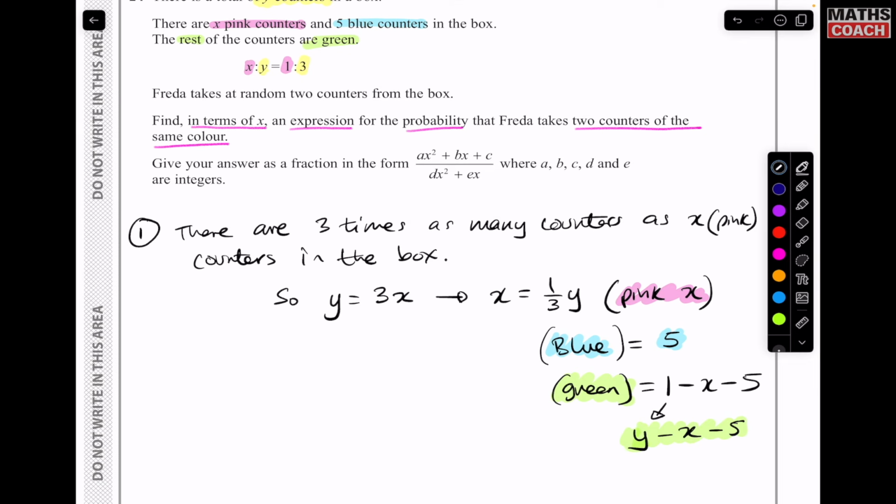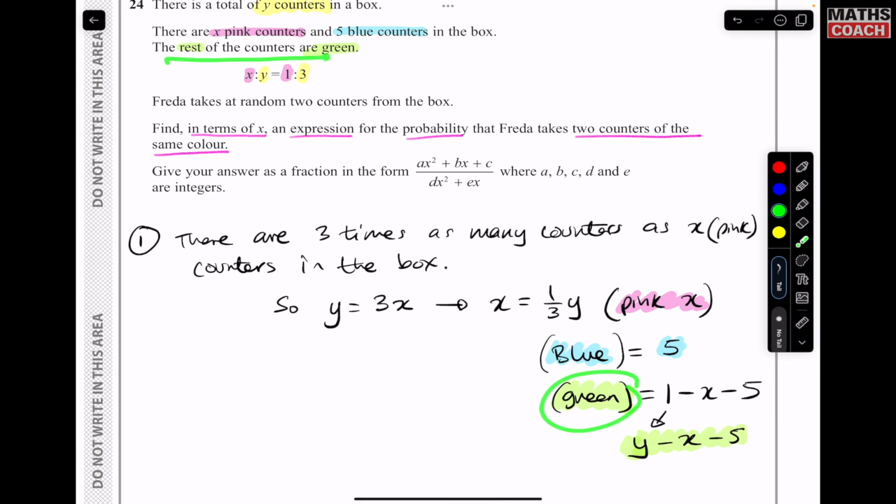Pink is just x, blue is 5 because there are 5 blue counters, and green is the rest: 1 minus the x minus the 5, where the total is y, so I replace the 1 with the y.